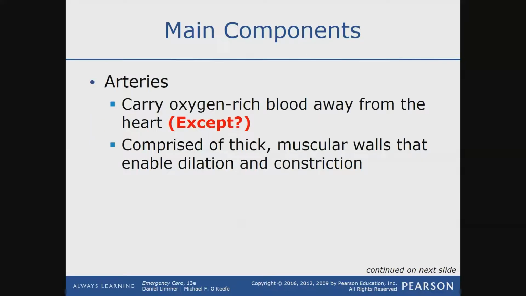Number one. Of course, your arteries carry oxygen-rich blood away from the heart, except for which artery? Let's see, Seth, which artery does not carry oxygen-rich blood? That would be the veins, right? The vena cava.